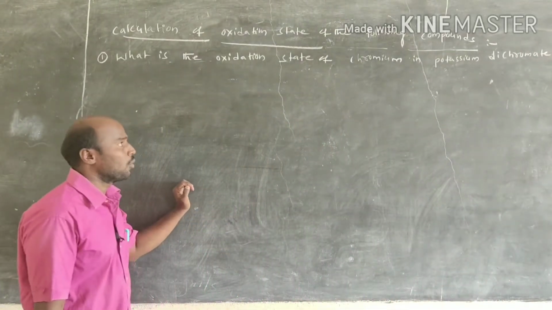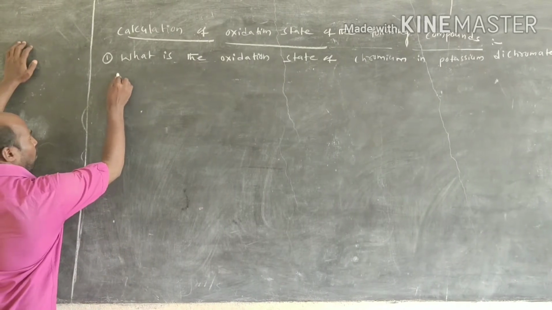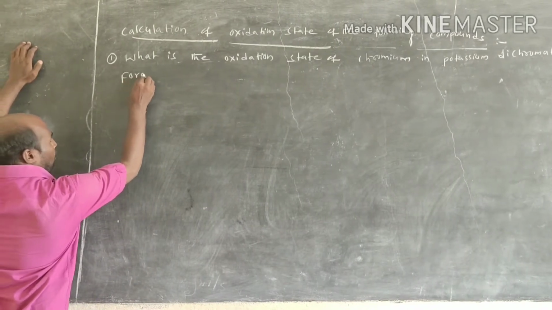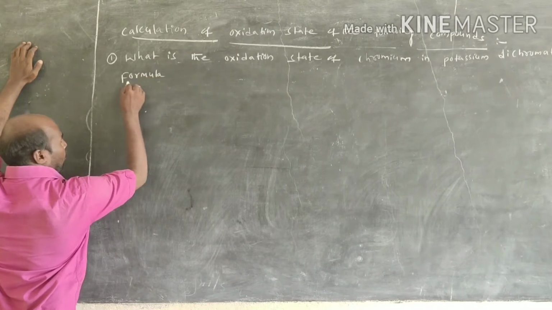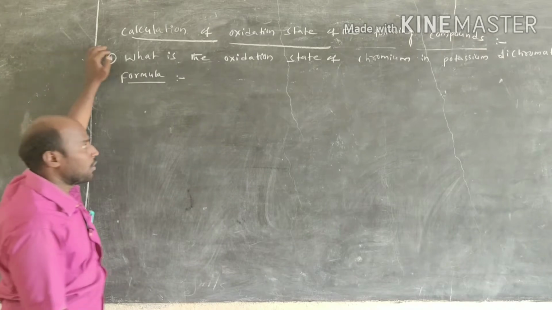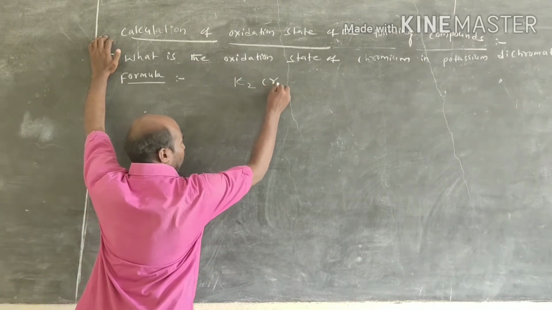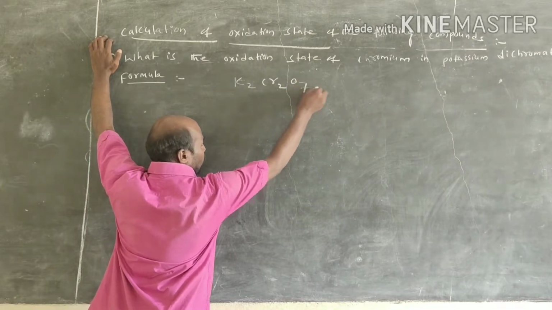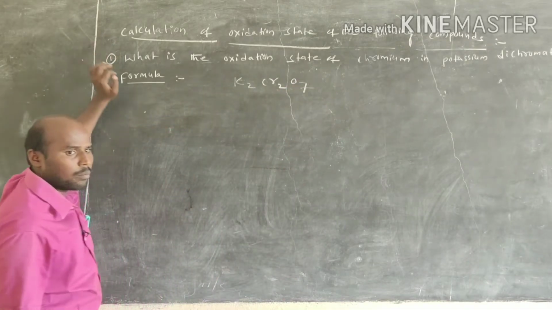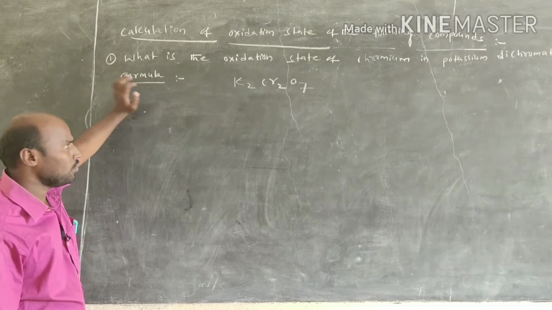Here the formula of potassium dichromate is K2Cr2O7.